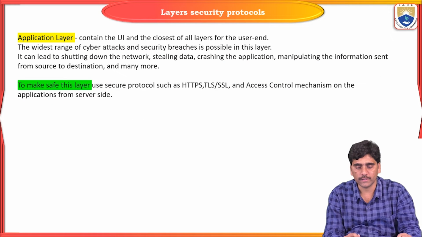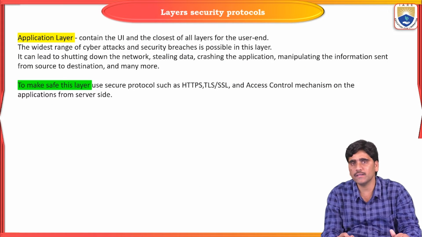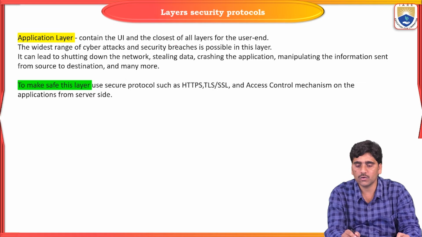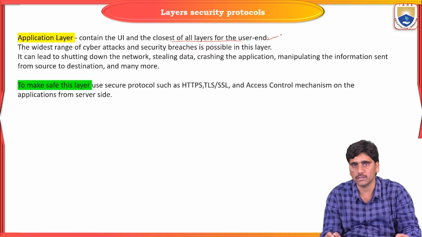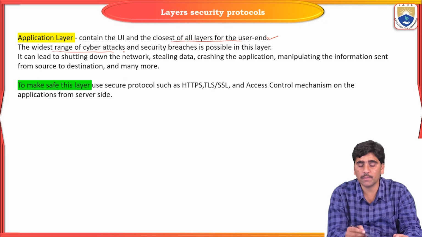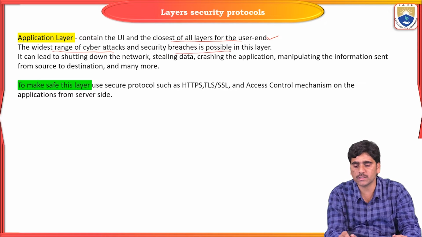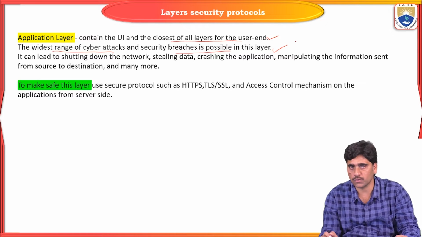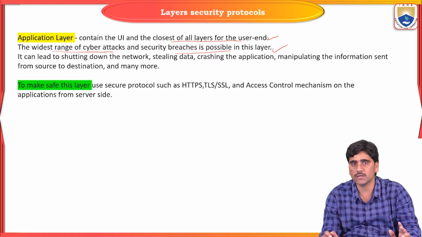And the application layer contains the user interface and is the closest of all layers to the user end. The widest range of cyber attacks and security breaches is possible in this layer only.